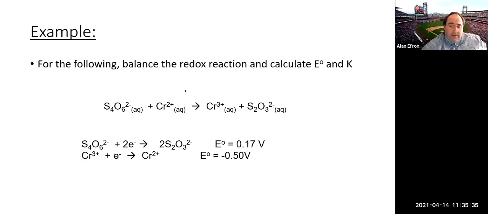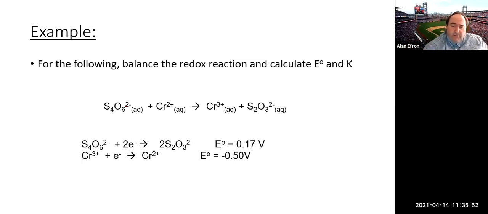That's really why, when we talk about a positive cell voltage, that results in, as we saw last time, a negative delta G, which means the reaction is spontaneous.